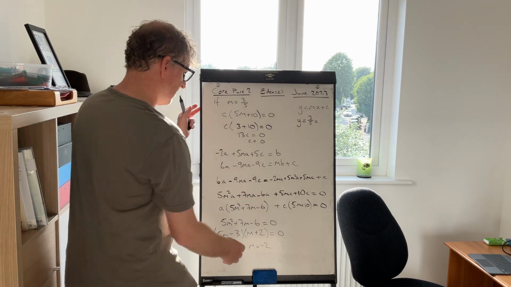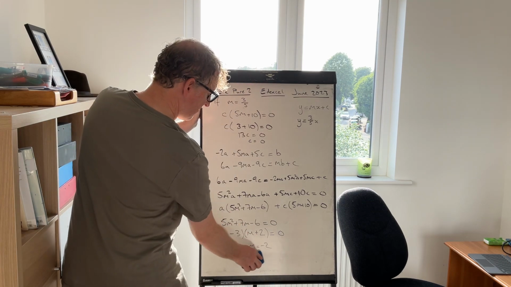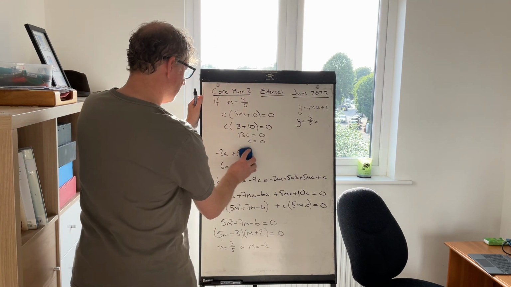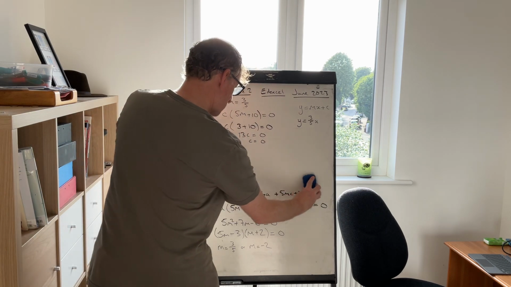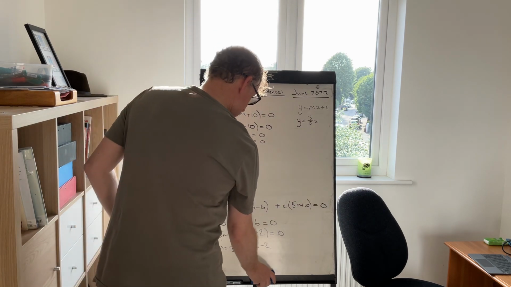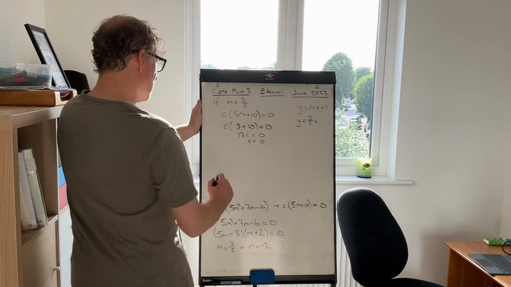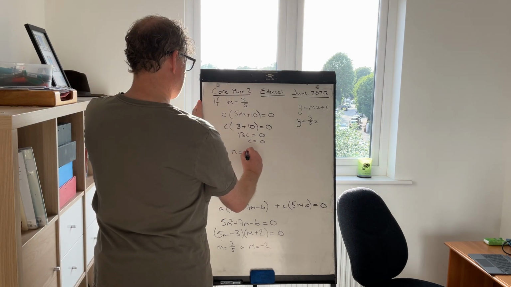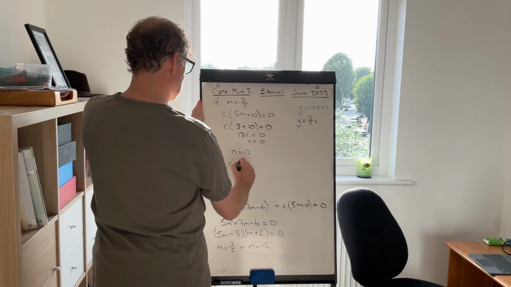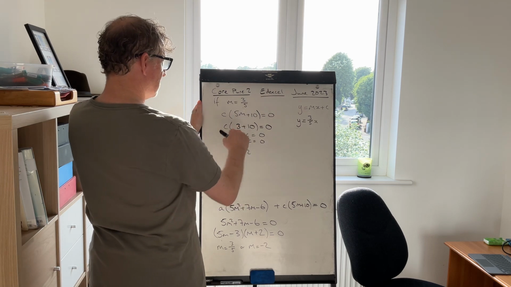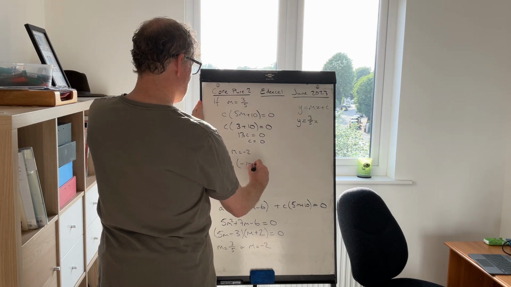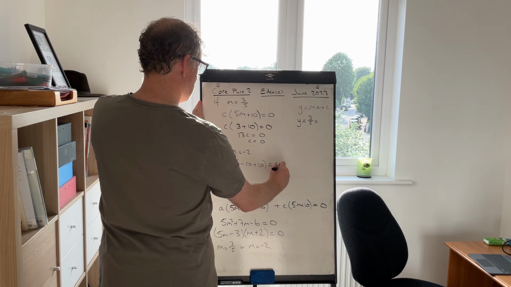Okay, now let's look at the other gradient, m equals minus 2. Here we go. If m equals minus 2, go back up to this, so c times, putting 5 times minus 2 in there, we get minus 10. Oh, look at that.